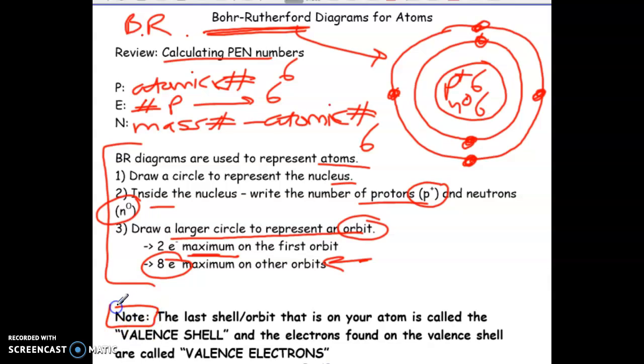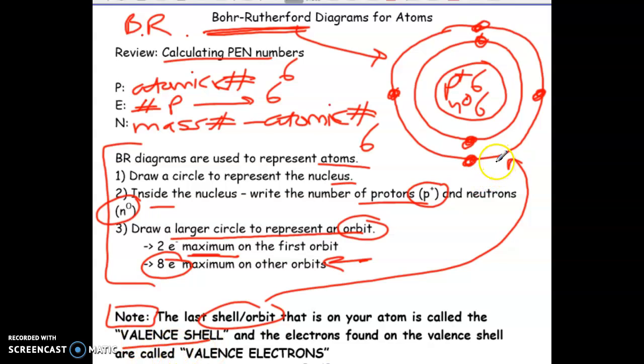So my little note here at the bottom: the last shell, or the last energy level, or the last orbit that we draw has actually a different name. It's called a valence shell. This is going to become more important when we get into the section 3 lessons, the last part of our chemistry unit, because we're going to start talking about molecules.